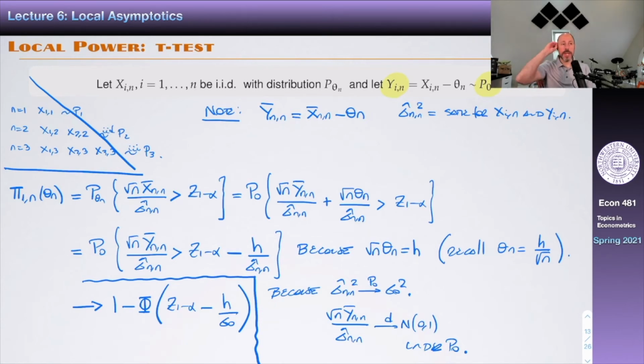And now we have a number that is in between alpha whenever h is not 0, and 1 whenever h is not too big. Okay? And so this is a function of h. And h is known as the local parameter.